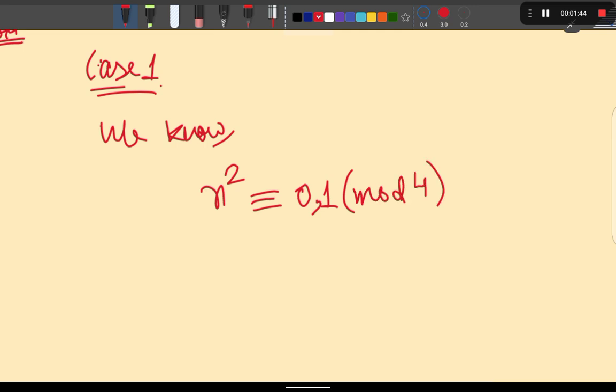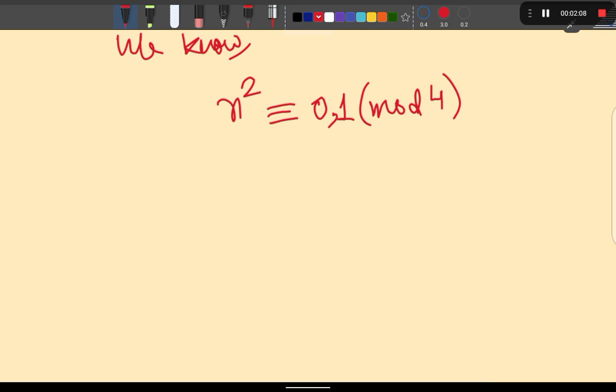So basically n square, when divided by 4, leaves the same remainder as 0 or 1. That means when n square is divided by 4, we get 0 or 1 as remainder.